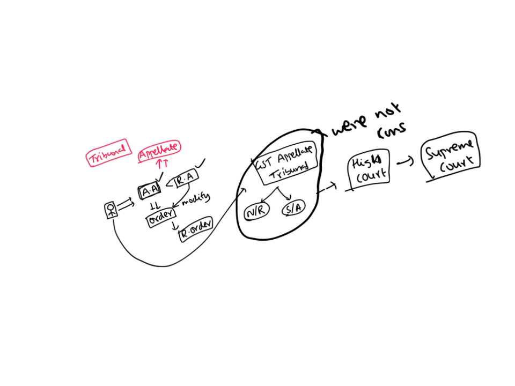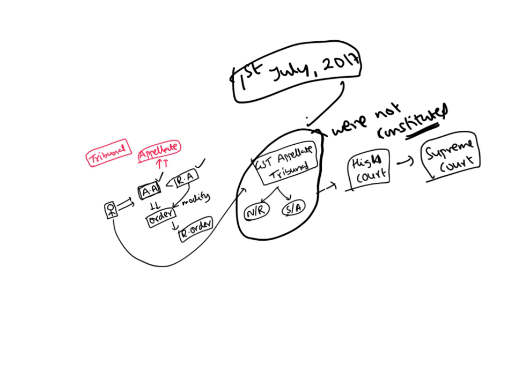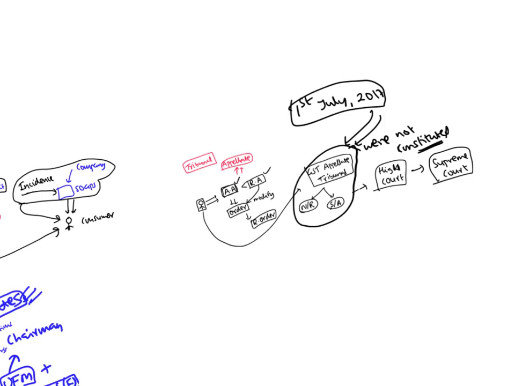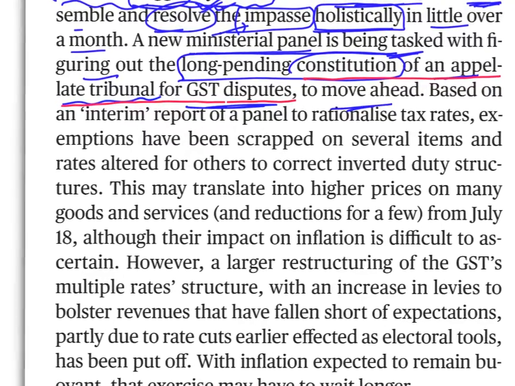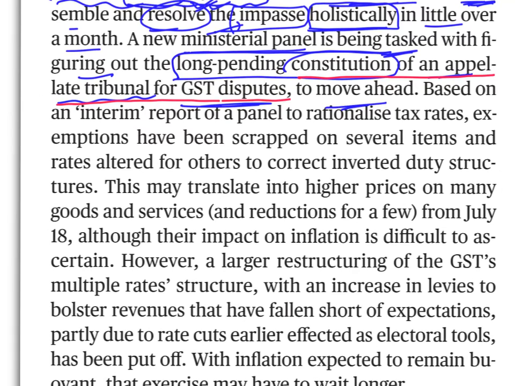GST came into effect on 1st July 2017. Even today, the appellate tribunals were not set up. So that's what they are saying here: long pending constitution of an appellate tribunal for GST disputes.